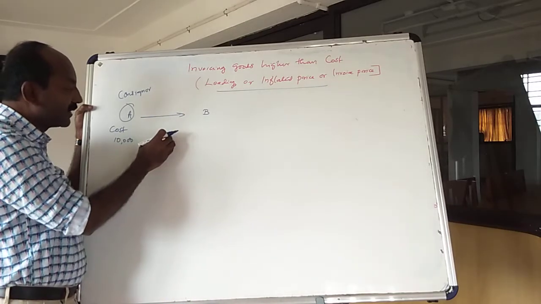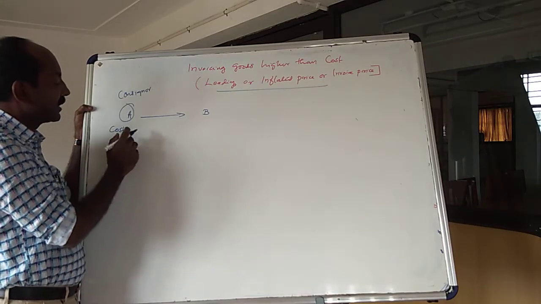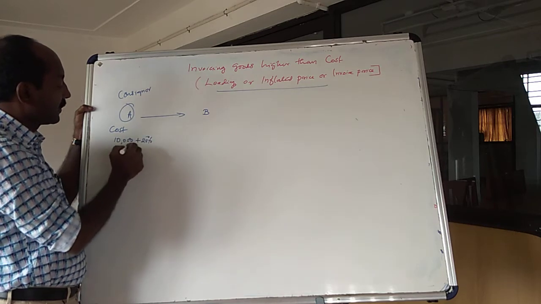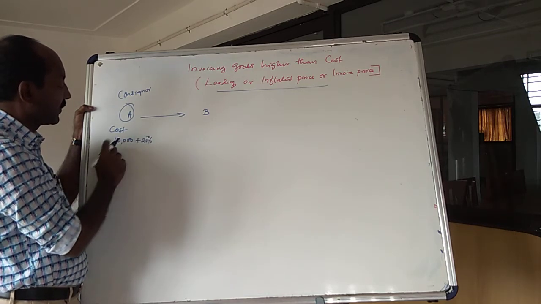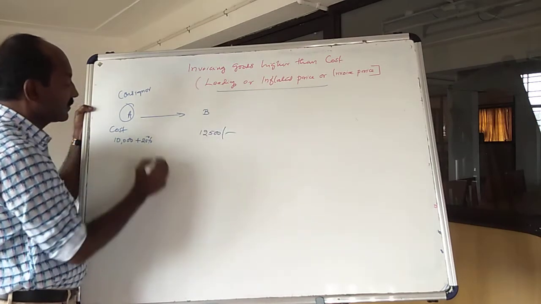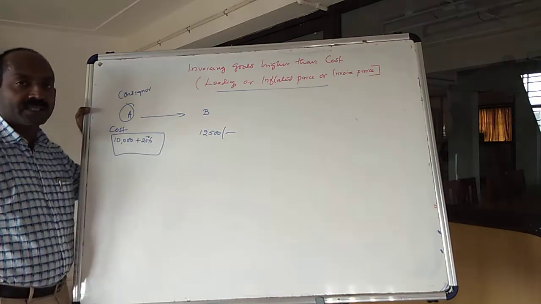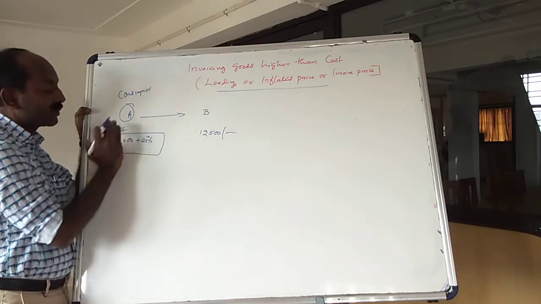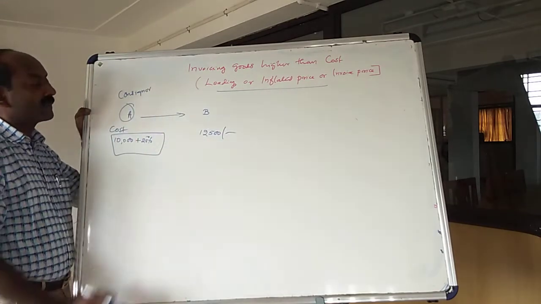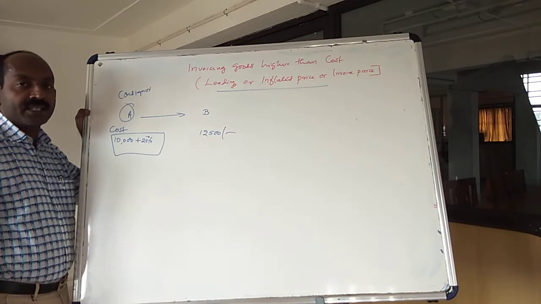In it, the consignor stated cost plus 25% profit, which is equal to 12,500 rupees. So the actual cost of the product was 10,000 rupees, and the consignor added 25% to the cost and put 12,500 rupees in the pro forma invoice and sent it to the consignee.